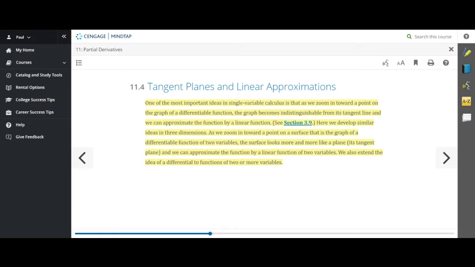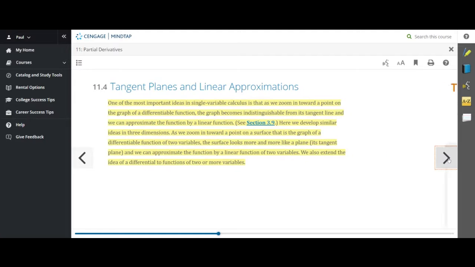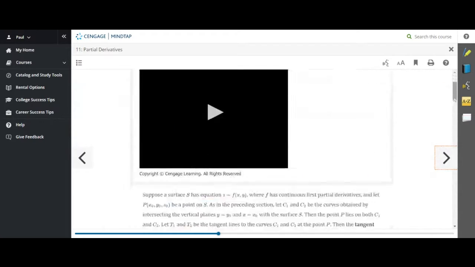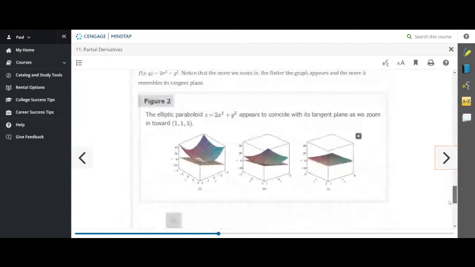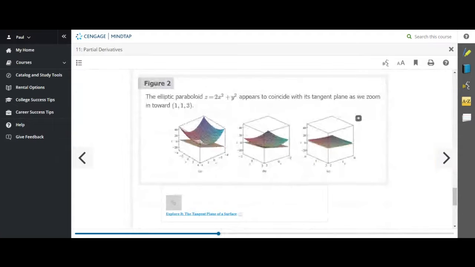To give you an idea of this, let me go down to this little picture here, figure 2. Here you have an elliptical paraboloid, and a tangent plane to that elliptical paraboloid at the point (1, 1, 3).